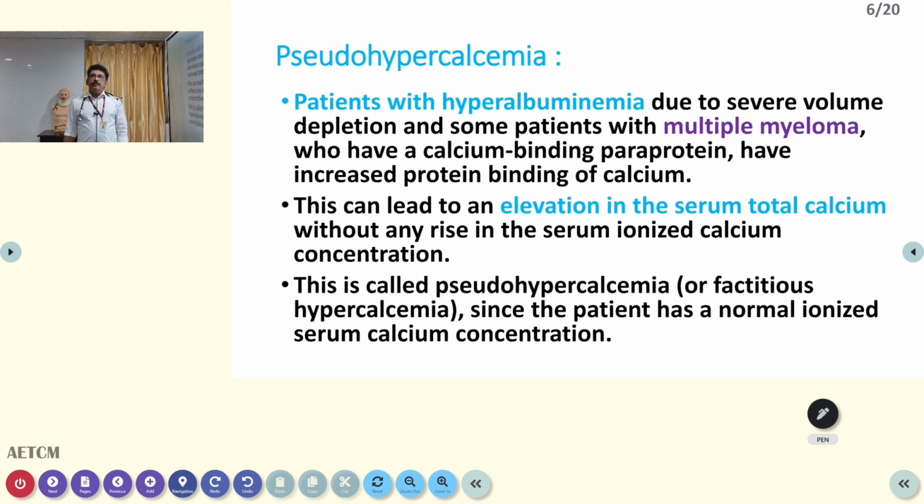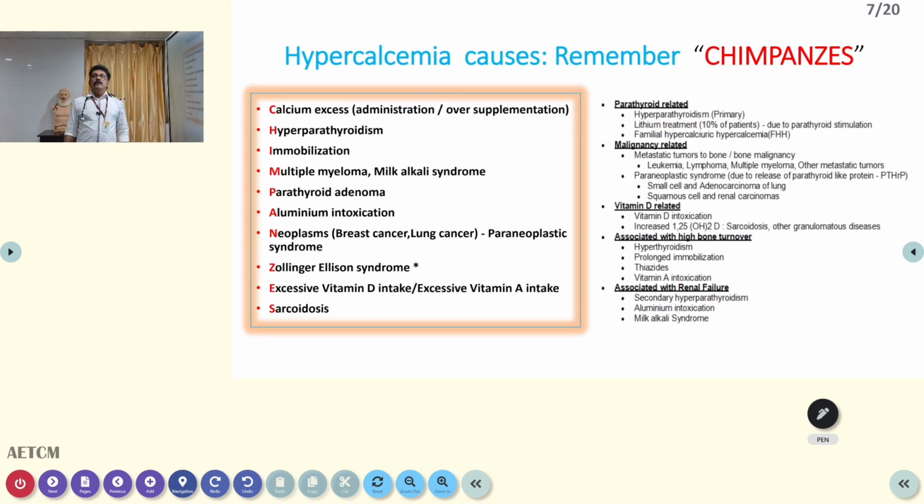Now, pseudohypercalcemia mainly depends on hyperalbuminemia, especially in patients with multiple myeloma. Such patients can have hypercalcemia, but it also depends on the albumin or protein level, which can further increase the reading. But clinically, this does not have major importance. We treat hypercalcemia mainly depending on the clinical features.